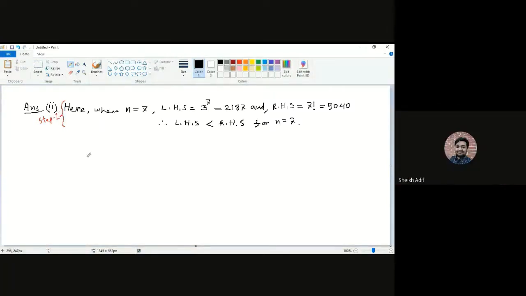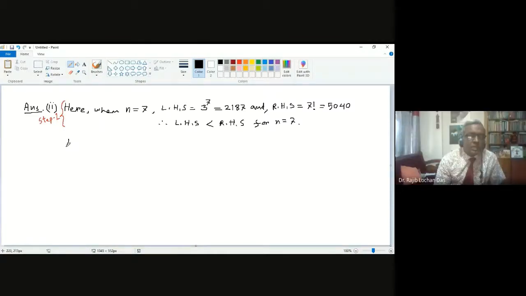Take an unknown number. Exactly. You will write: let us assume that 3 to the power k is less than k factorial for k definitely in the natural number set, and k is more than 7.